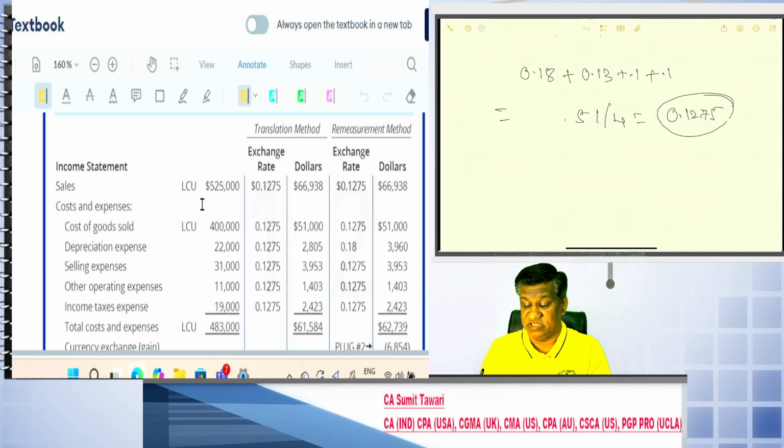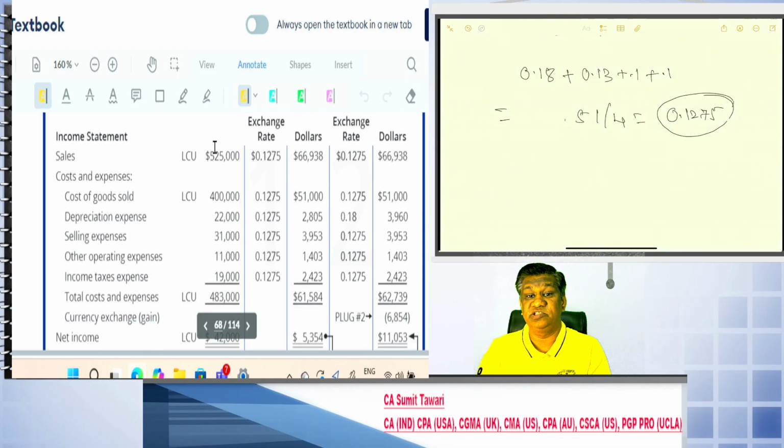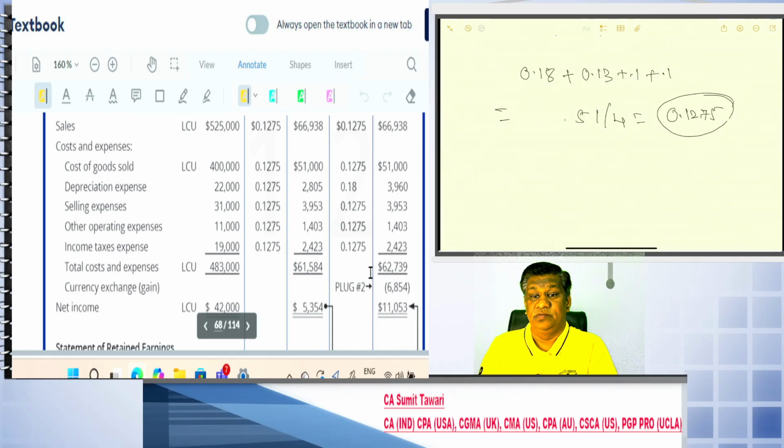So you will get this kind of question. In simulation, you may get entire local currency financials, and in the question they give the weighted average, closing currency, and the periodic currency. Accordingly, you need to calculate. Okay.